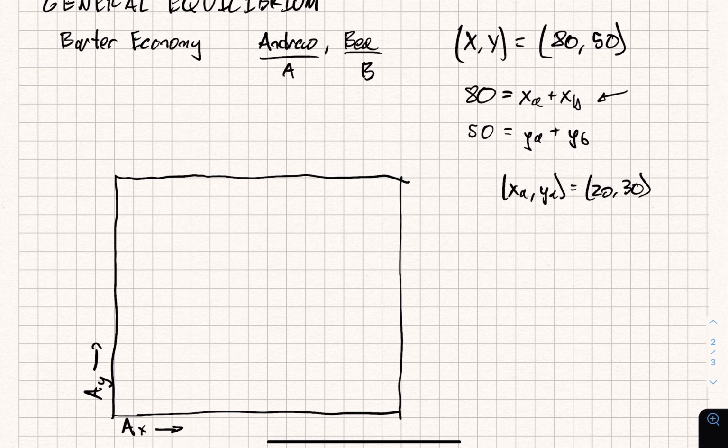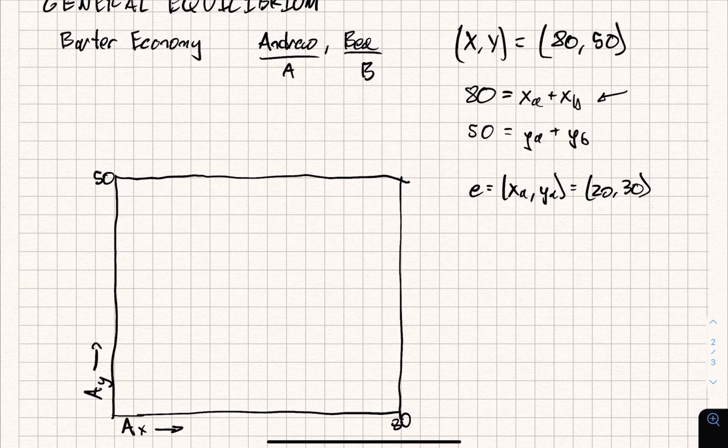And we're going to call this point E. So on the very extreme, if we gave all of y to Andrew, this would be 50. And if we gave all of x to Andrew, this would be 80. So our allocation E is somewhere in between.